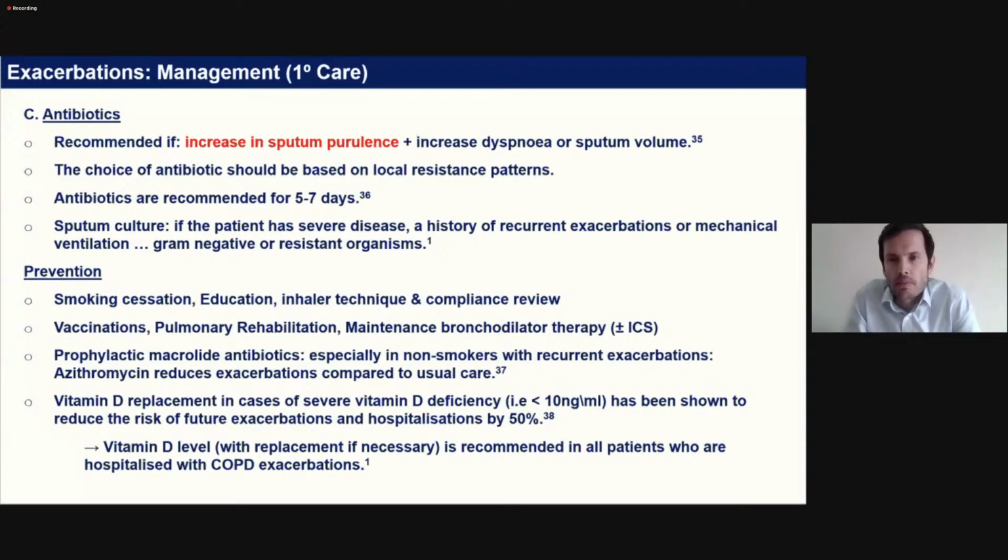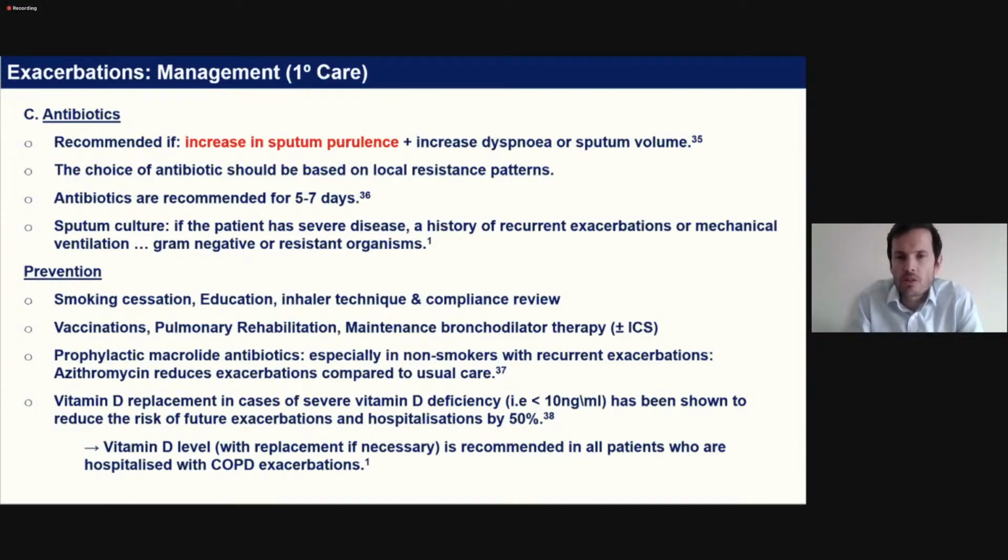Although the evidence for antibiotic use in exacerbations is somewhat uncertain, antibiotics are recommended in exacerbations of COPD if the patient is experiencing an increase in sputum purulence with an increase in dyspnea or sputum volume.